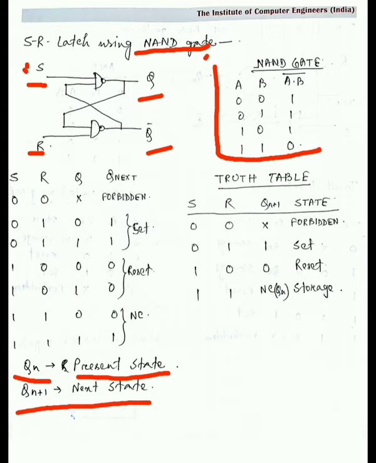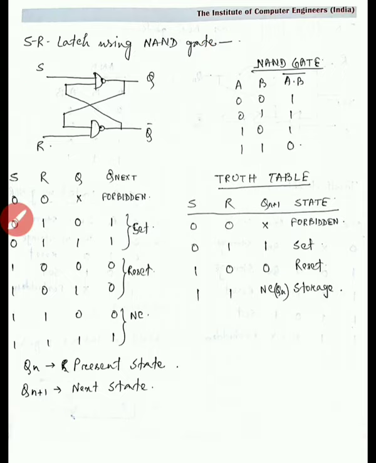The information which is already stored in the flip-flop is its present state. The next state is the changed value at Q after the input signal. So the present state we denote as Qn, and the next state as Qn plus 1.